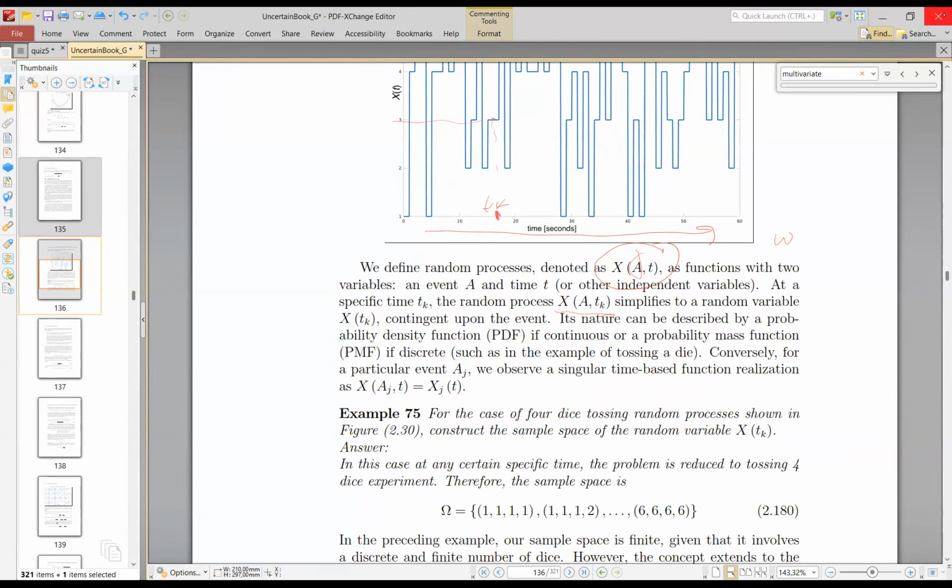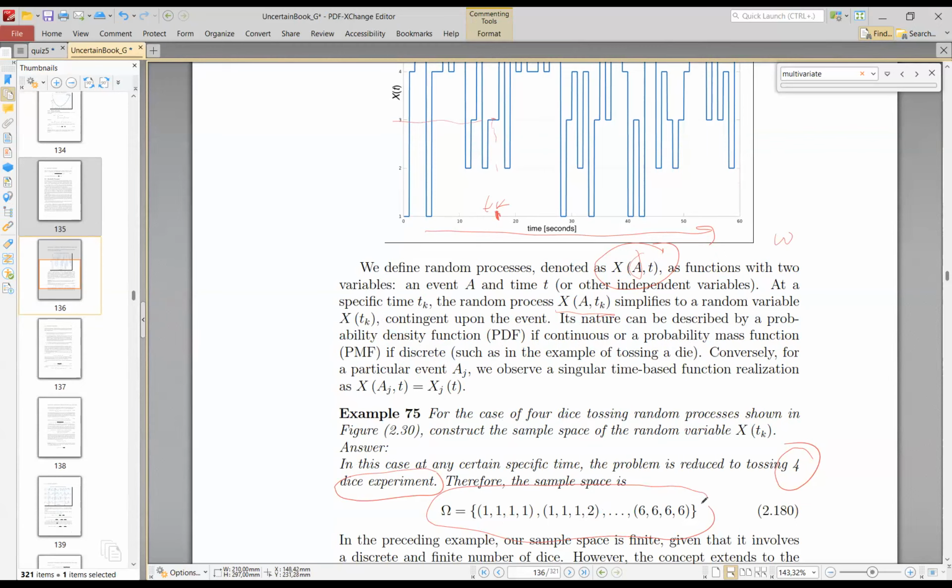So for example, if we assume that we have a four dice experiment, every generator gives us a certain time realization. If you put them together, what will be the total sample space? It might be that the first signal generator gives you 1, the second gives you 1, the third gives you 1, the fourth gives you 1, or the first three give you 1, 1, 1 and the fourth one is 2.